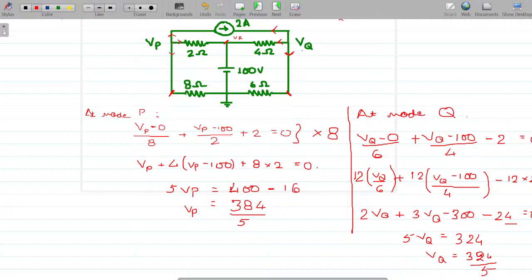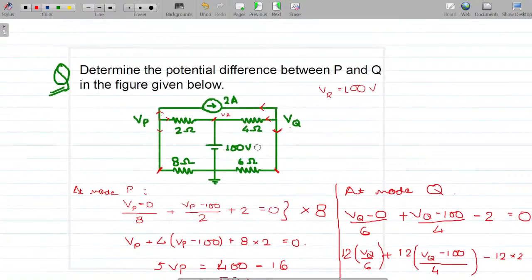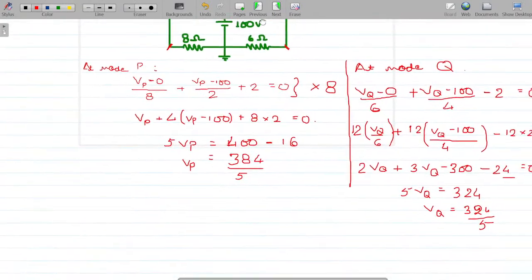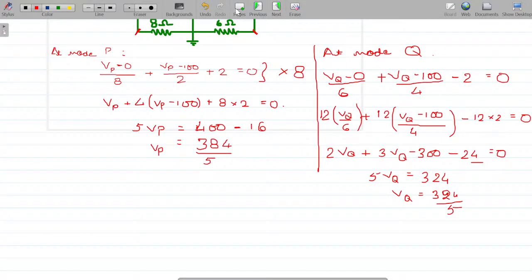Now tell me, what was the question that you were asked? You were asked to find out the potential difference Vp and Vq. Now we have already achieved the potential at Vp and the potential at Vq. Now we are supposed to answer what is Vp minus Vq.